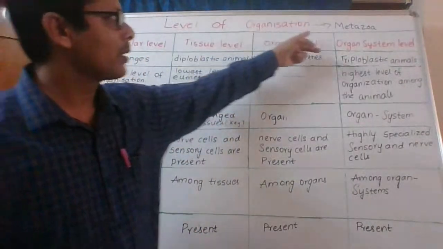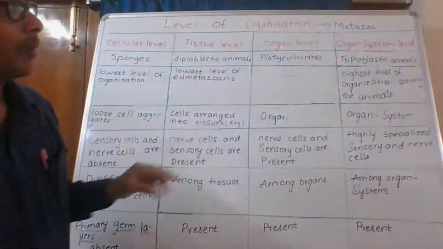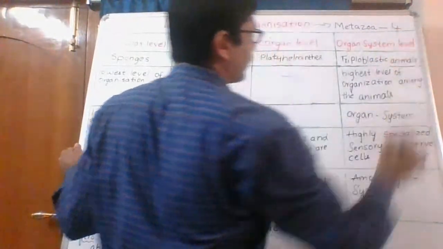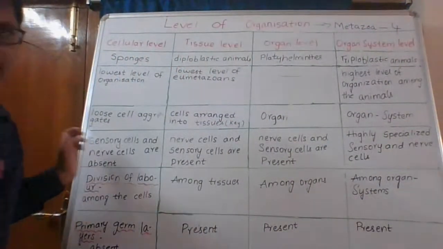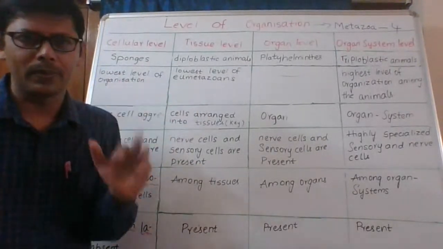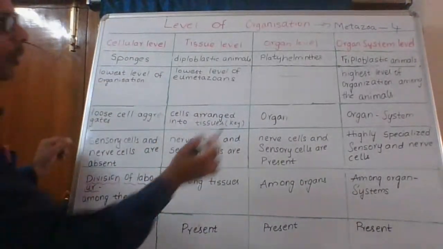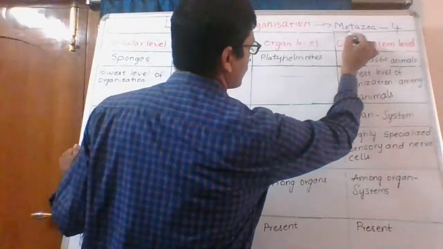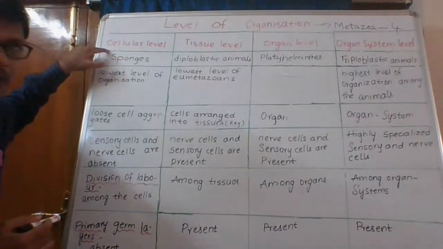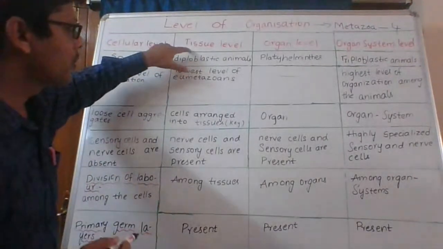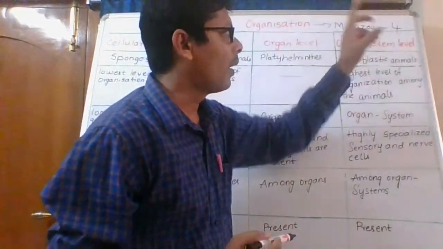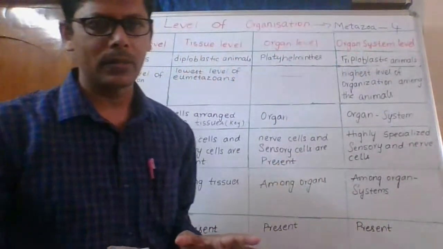Okay, levels of organization. In the Metazoa kingdom, that means Animalia kingdom, there are four levels of organization. In total animals, five levels. What are the four levels in Metazoa? The first is cellular level, then tissue level, organ level, and organ system level of organization.